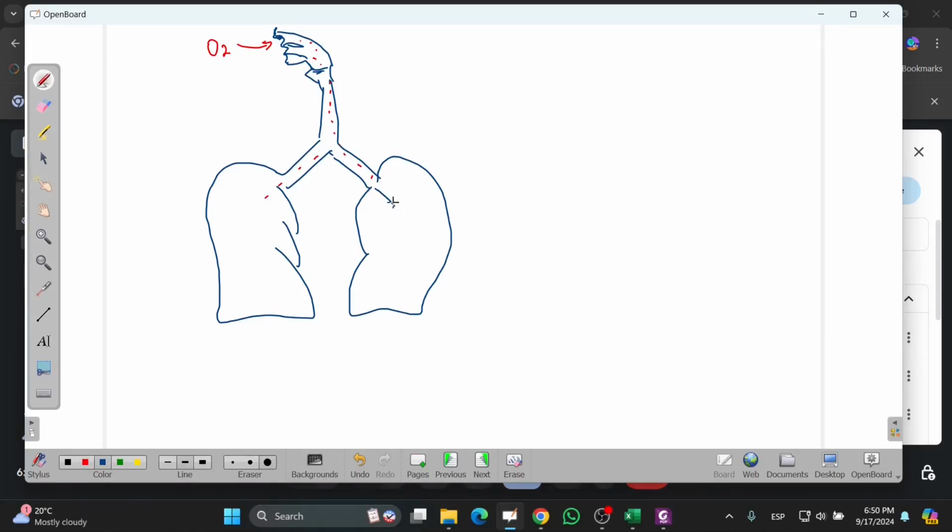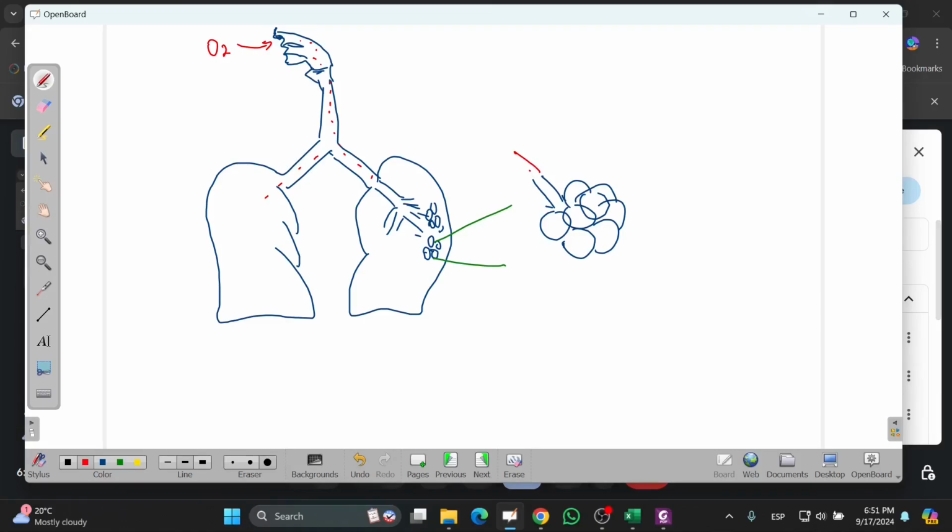And then that oxygen will be taken to some tiny balloons that we have in the lungs that we call alveoli. So let me zoom in on one of these bunches of alveoli. It will look like this. One there, one there, one there, one there. A lot of alveoli.